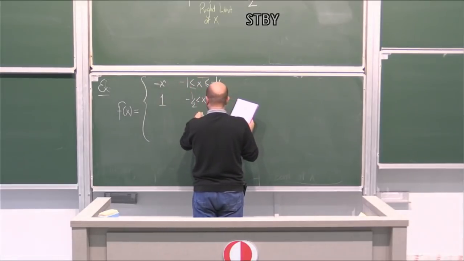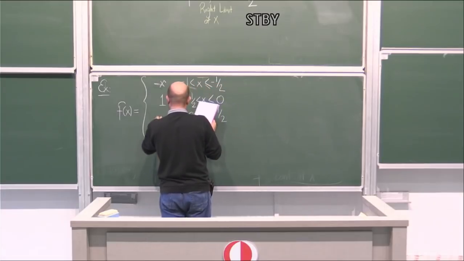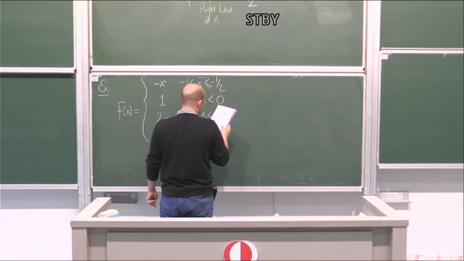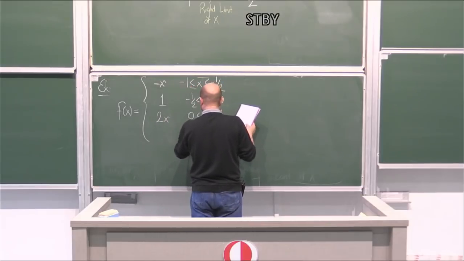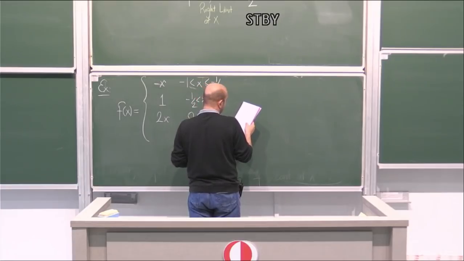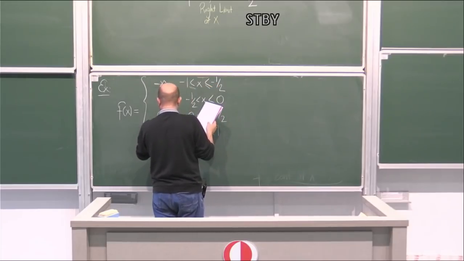Between 0 and 1 over 2, it is 2x. And between 1 over 2 and 1, it's x minus 1 over 2.